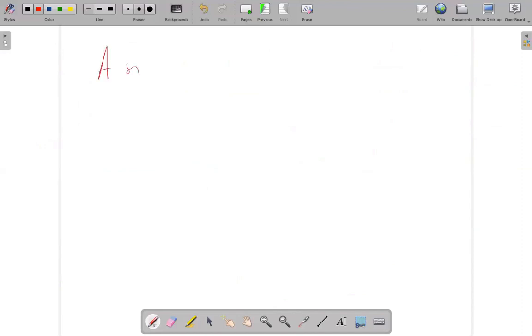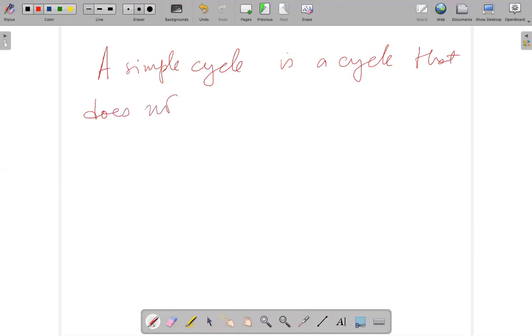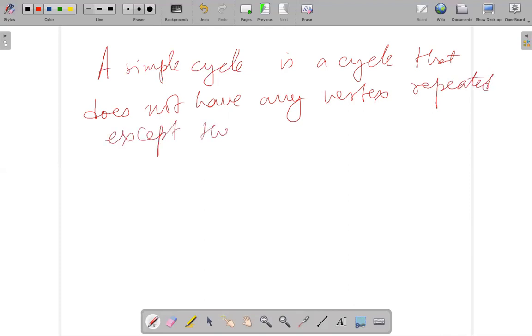A simple cycle, on the other hand, is a cycle that does not have any vertex repeated except the start and the end vertices.